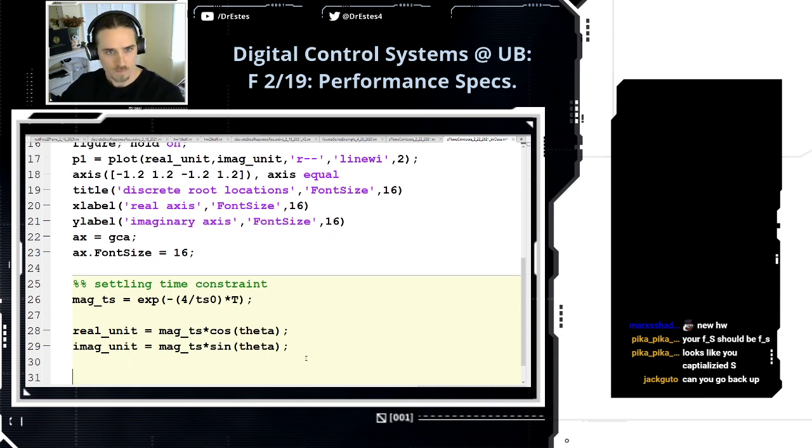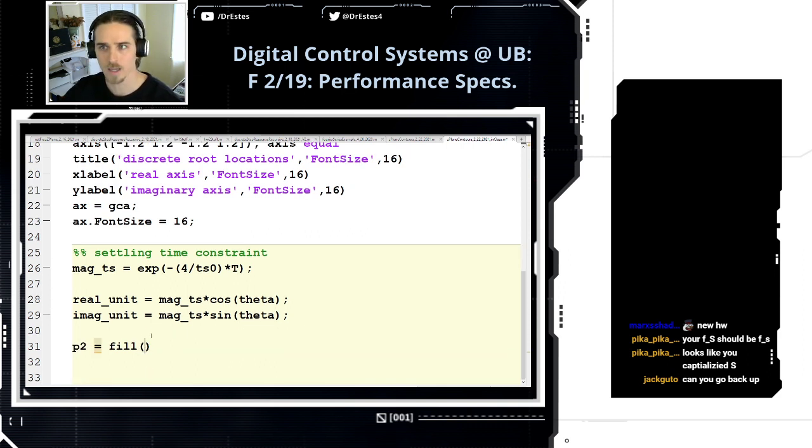But we're going to use the fill command. I don't know if you've used this before. Instead of the plot command, we're going to use the fill. So we're going to take the real, wait, why did I call this real unit? We have to call it something else. The real part for the settling time. So let's call it real TS, imag TS. We'll do the X, we'll do the Y, and I'm going to make this in green.